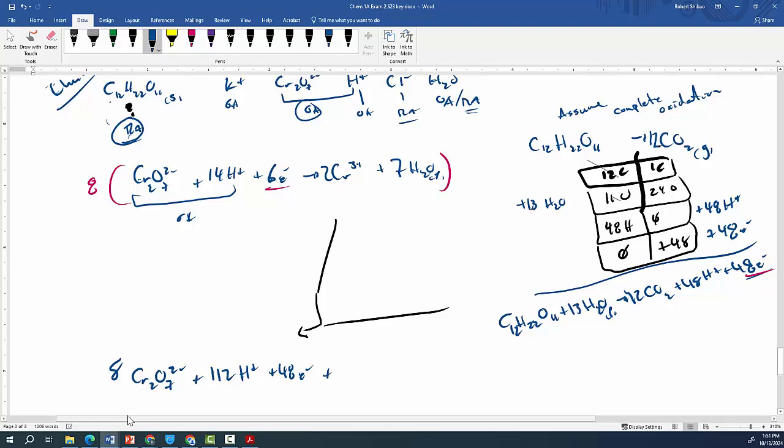Then I'll add the reactants over here: C12H22O11 solid plus 13 H2O liquids. Okay, that's the reactants there.